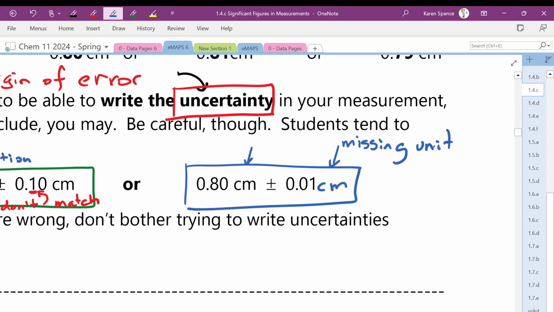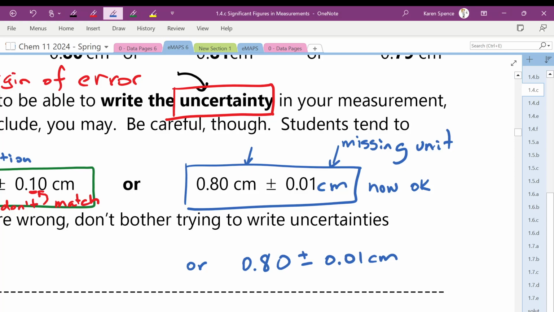So if you are writing uncertainties, you have to put centimeters at the end. This would be now okay. Or you could write it like this, 0.80 plus or minus 0.01 centimeters. You can do it that way also. You can write the centimeters twice, but you don't have to. But it does have to come at the end. Okay?